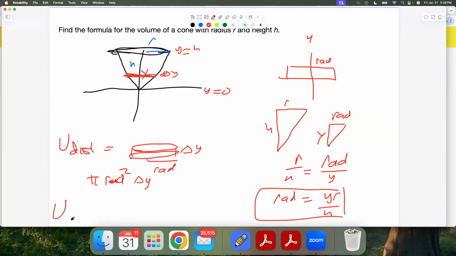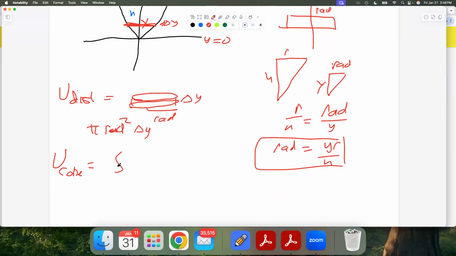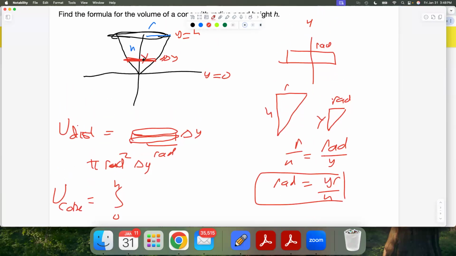So our total volume here for this cone will be the integral from 0 to h, because those are the y values for which these disks make sense.